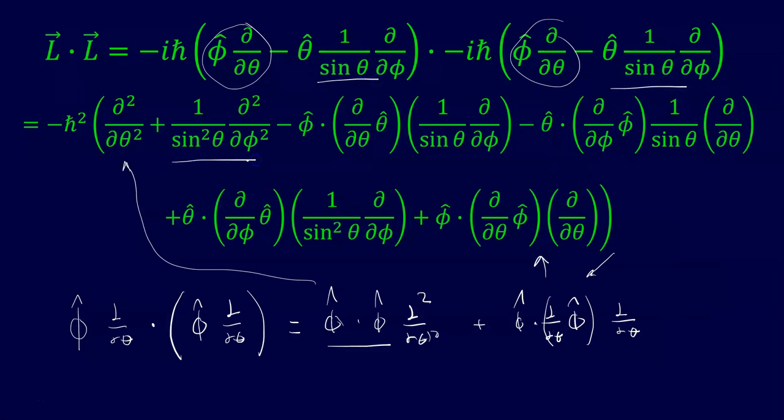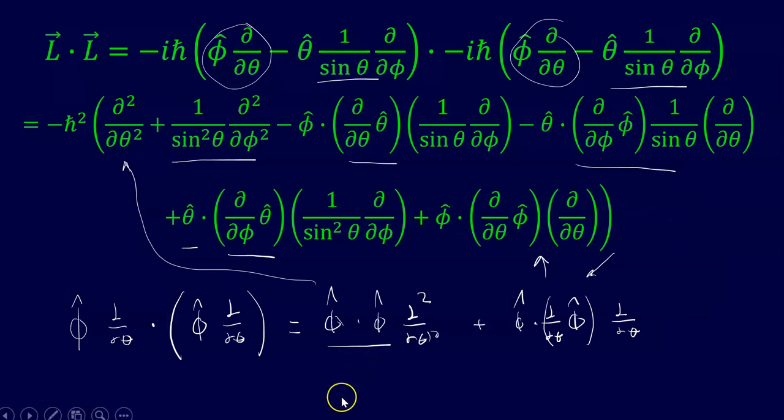I'll get theta hat dot theta hat, but the other piece I'll get is theta hat dotted with d/dφ of theta hat, again because your unit vectors in spherical coordinates depend on these angles. Finally, these would be our cross terms. Typically with a dot product, phi hat and theta hat are orthogonal, but phi hat is not necessarily orthogonal to the derivative with respect to theta of theta hat. So we've got to explore these pieces a little bit more.